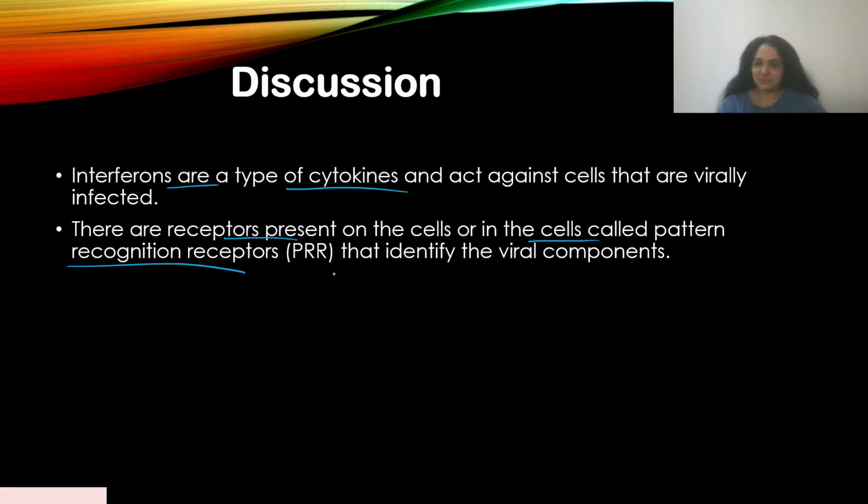This is just for your understanding, not for NEET. These pattern recognition receptors identify the viral components. They recognize that this is not our antigen, this is a foreign antigen that has entered, and this is a viral component.